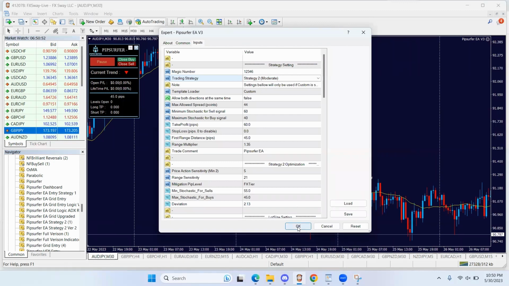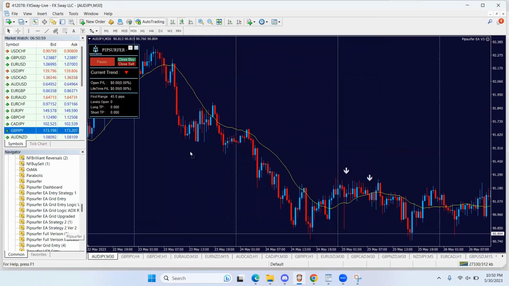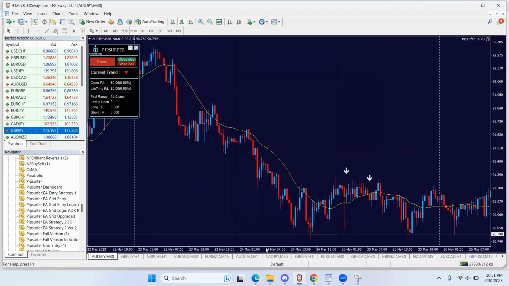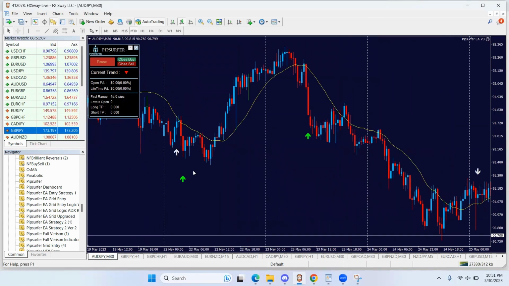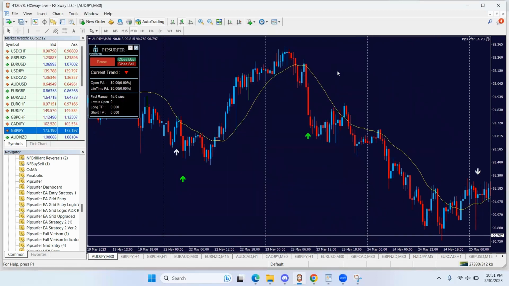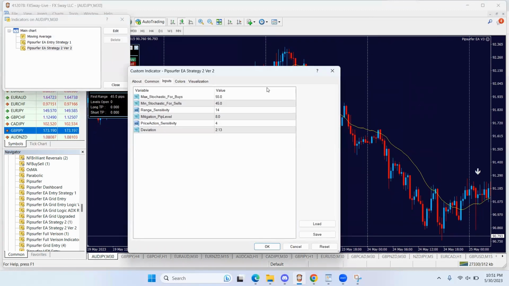It's going to use institutional concepts within its trading philosophy. If I go to strategy 2, I believe this one would be the indicator version of strategy 2, which is also available in the marketplace. Let me adjust strategy 2 to the current settings for Pipsurfer, and see if it's all correct.